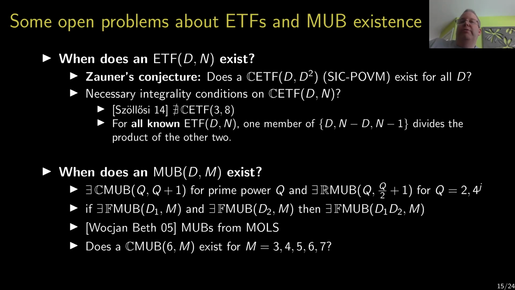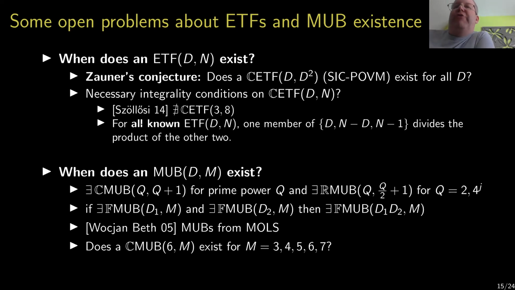More generally, we are sorely lacking necessary integrality conditions on complex ETFs. We have pretty strong ones, though not perfect, on real ETFs that come from a connection to strongly regular graphs. It is interesting that it has been proven with algebraic geometry that a complex ETF 3x8 does not exist.